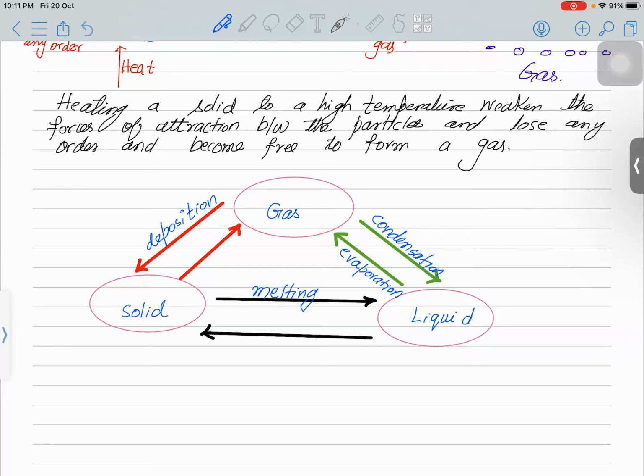Liquid convert into solid, freezing. Solid convert into gas, sublimation.